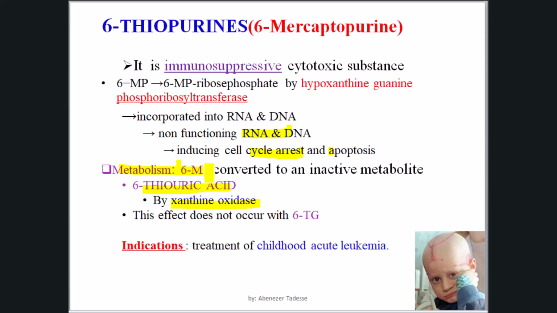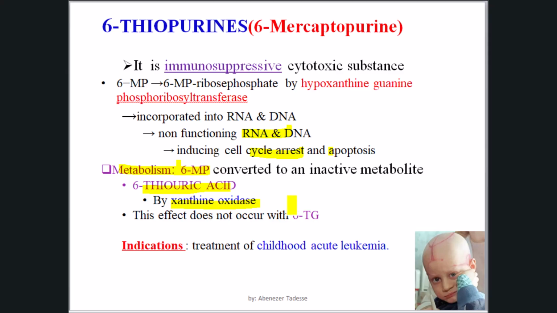This is normal for the removal of the 6-mercaptopurine. But in some patients who are comorbid with gout, if they are taking a xanthine oxidase inhibitor like allopurinol, the dose of 6-mercaptopurine should be reduced by 25%.